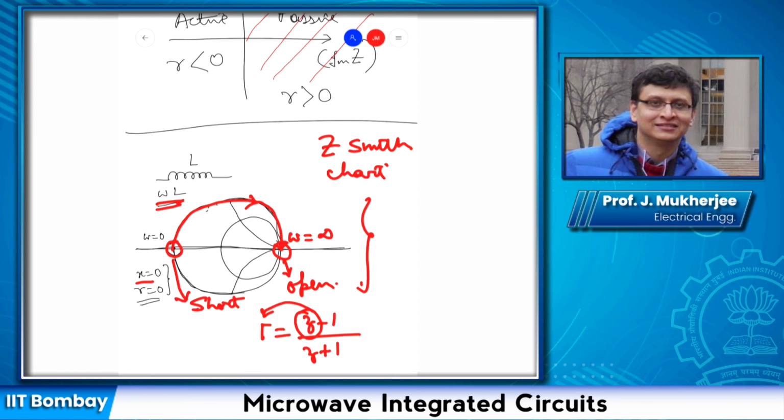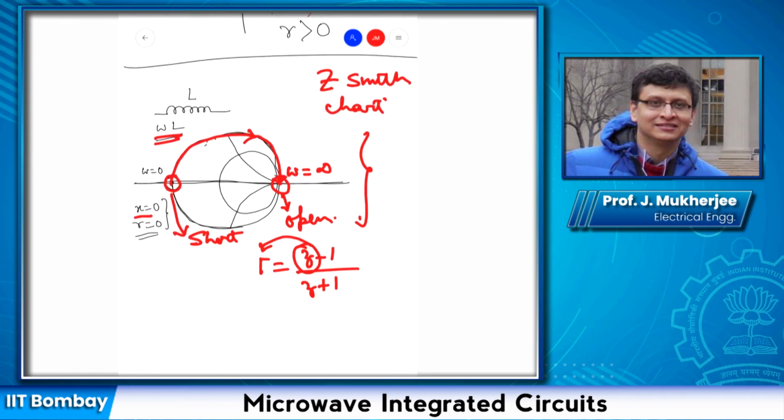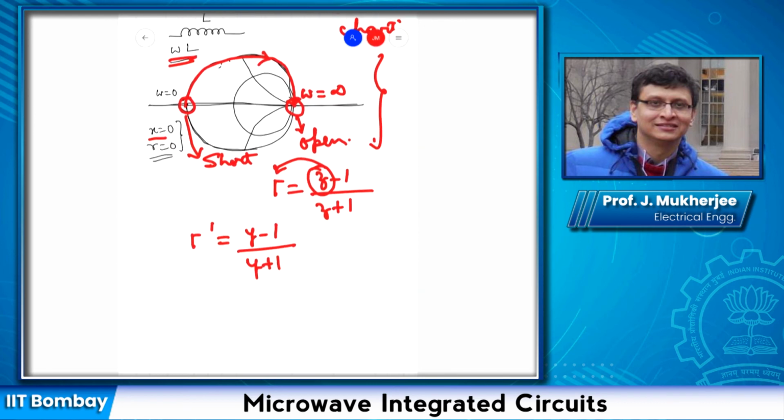That is, we can have another type of Smith chart. It's called a gamma dash, where our starting point is the normalized admittance instead of the normalized impedance. Okay, so fine. Now let us see what happens if we have a series capacitor.